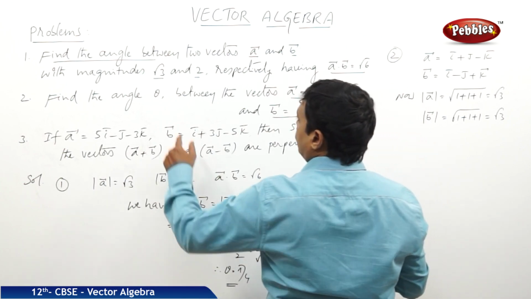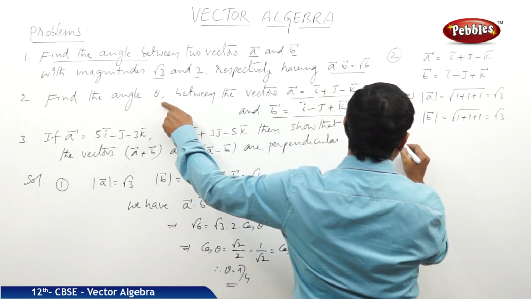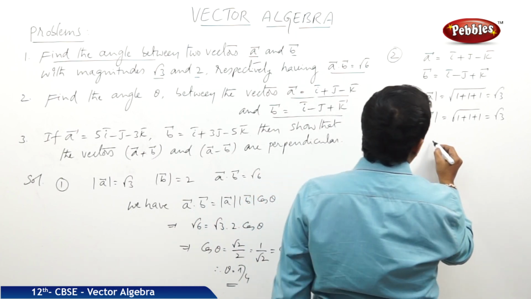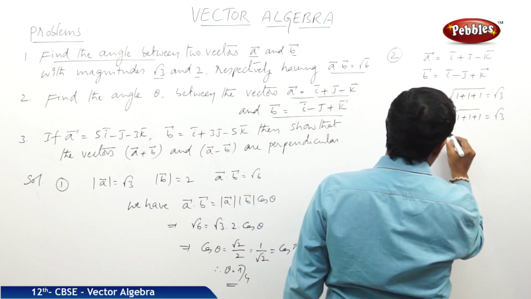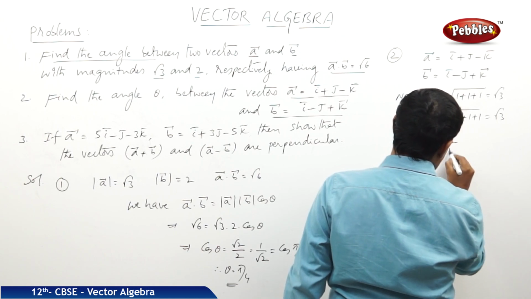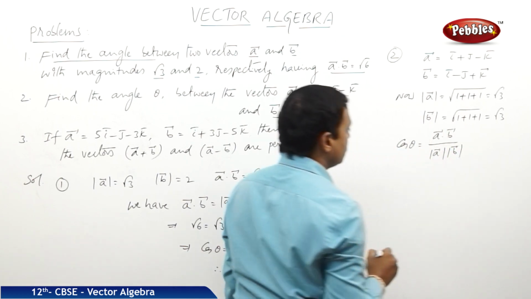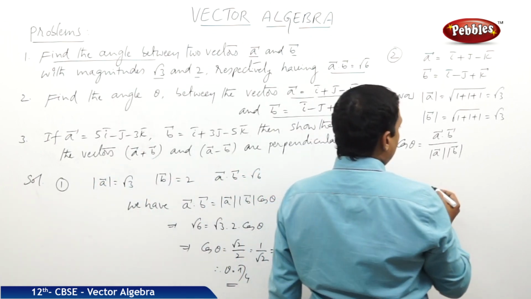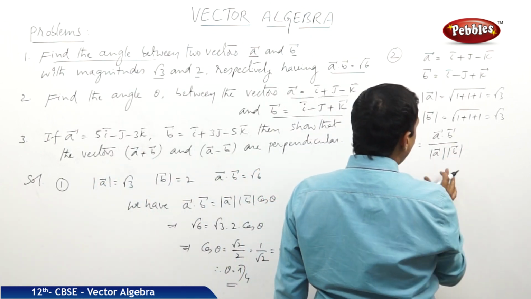Now, we want to find the angle between them, cos theta. Cos theta is equal to A dot B by mod A mod B, by the definition. A dot B is what?